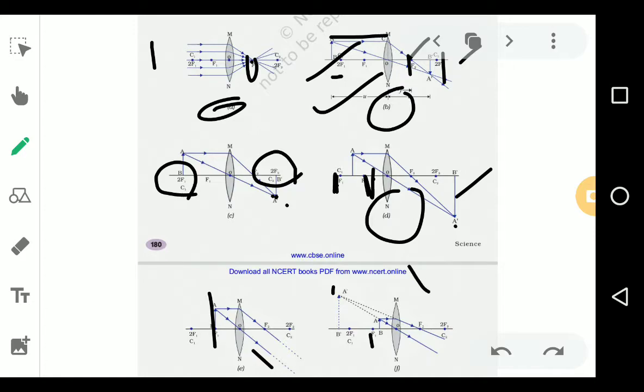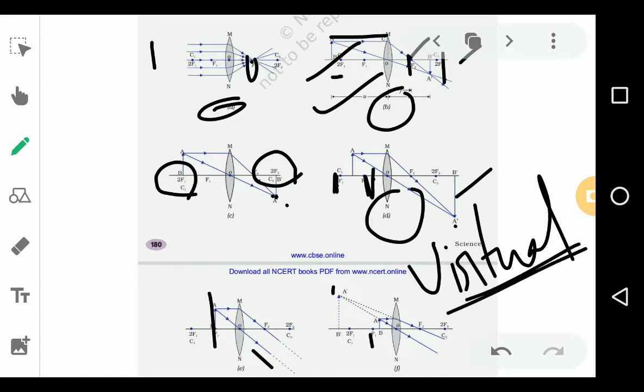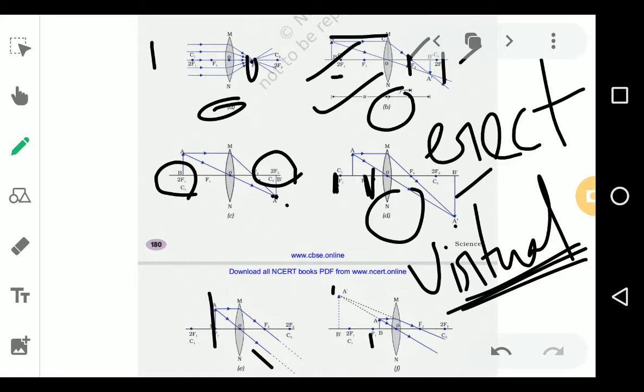So here you will be getting a virtual image that you cannot get on the screen. Okay, so you are going to get a virtual image which you have not got in any of the previous 5 figures. So in this one, along with being virtual, it will also be erect. So the image is going to be erect and virtual. Here you can see the image is erect.